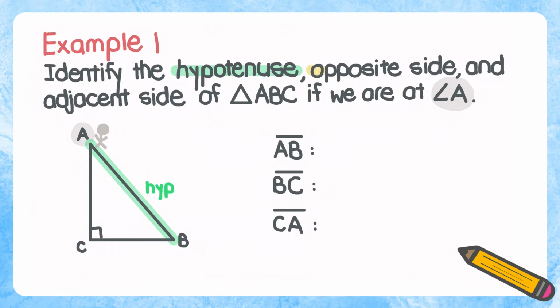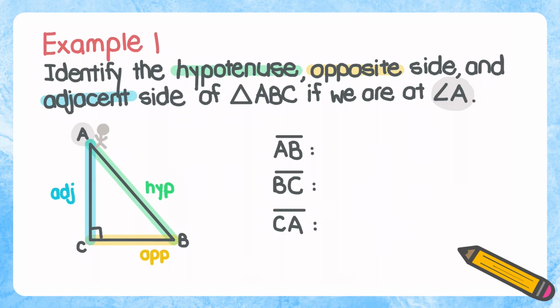Next, let's find our opposite side. The opposite side is across from where we're standing. That means this side right here, side BC, is our opposite side when we're standing at angle A. And the adjacent side is the side right next to us. So this side is our adjacent side.